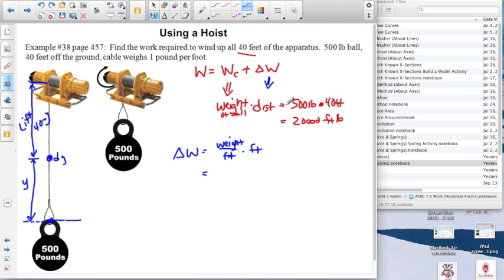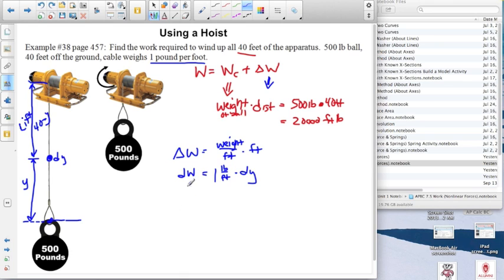Our weight per foot: this cable weighs 1 pound per foot. So let's not lose sight of that fact, that ones tend to disappear, because when we multiply by 1, we don't change the value. But we have 1 pound per foot times an incremental distance of dy, or delta y. And so that's our incremental work.